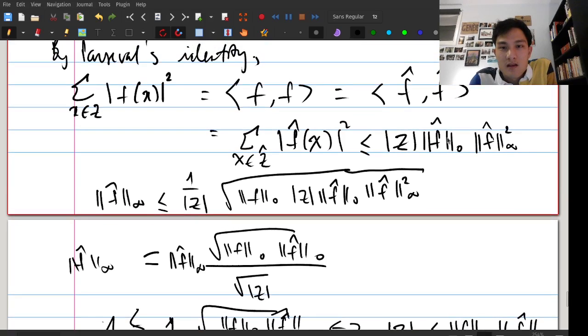Z, support of f hat. So the support of f hat, chi and z hat, support.